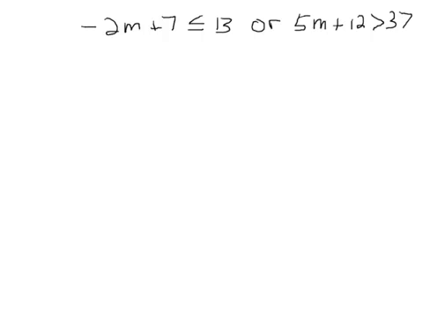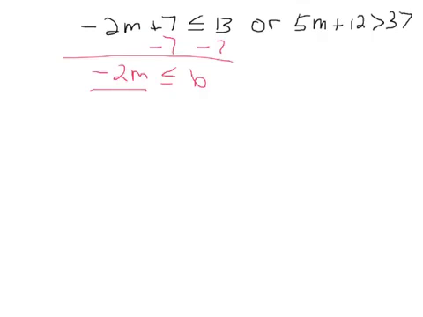So let's do one example here. We want to solve this and graph it. It says negative 2m plus 7 is less than or equal to 13, or 5m plus 12 is greater than 37. To solve this, I am going to get the variable alone. So I'm subtracting 7 from both sides. I get negative 2m is still less than or equal to 6.